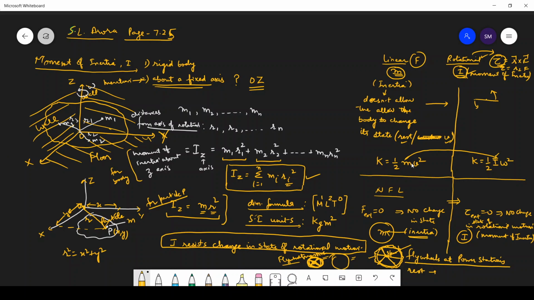Here in linear motion, the inertia depends on mass, not on how this mass is distributed, so it's a fixed quantity like the mass of the body. But here this inertia is not a fixed quantity.